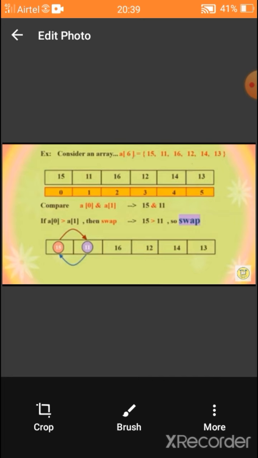Now 15 and 11 are called a pair. 15 is greater than 11. It is unsorted, so it requires a swap. What is a swap? Interchange. Now we are going to interchange the positions of these two elements. So now 11 goes to index 0 and 15 goes to index 1. That is called swapping.